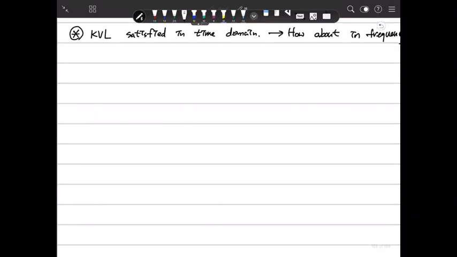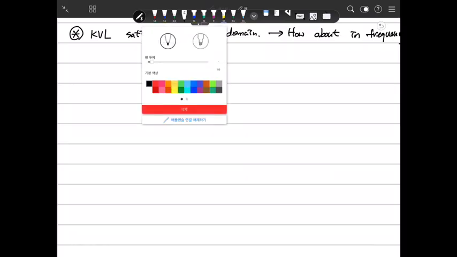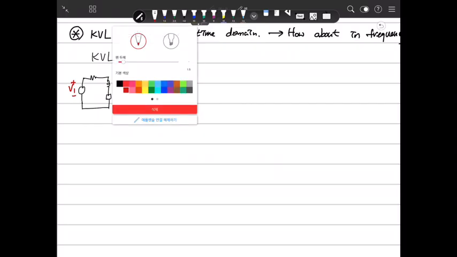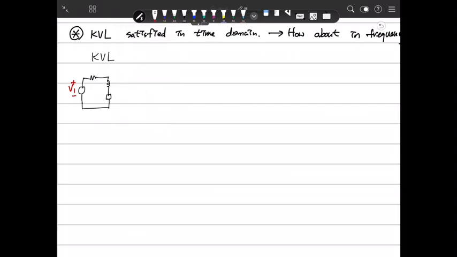You know what KVL is. In the time domain, KVL can be expressed this way. There is a circuit with some components and some voltages: V1, V2, V3, V4.